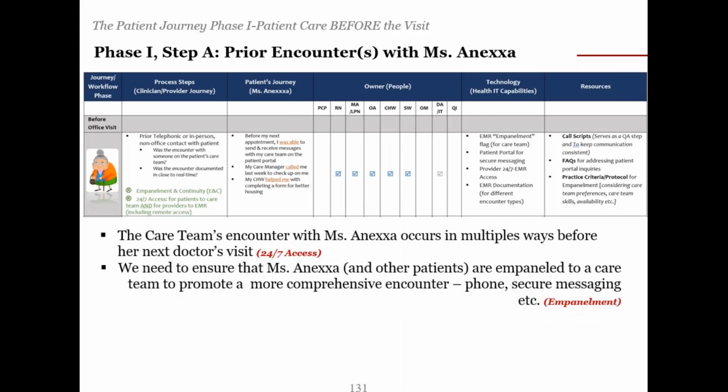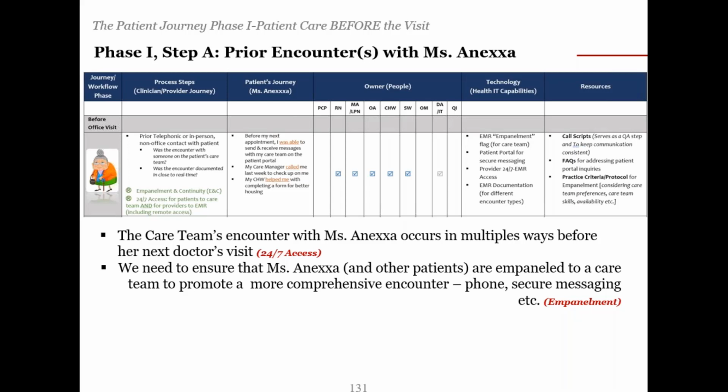The first thing that the care team encounters with the patient could occur in multiple ways before the next doctor's visit. And that is what is being asked of you for 24/7 access. So whatever it is you already do, you already can check that box. Now the question is, can we improve on it?